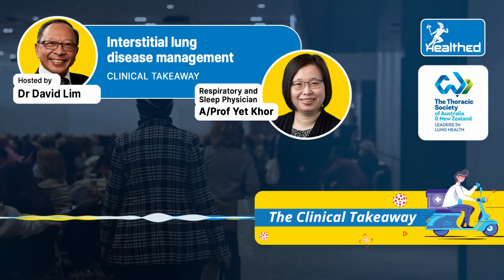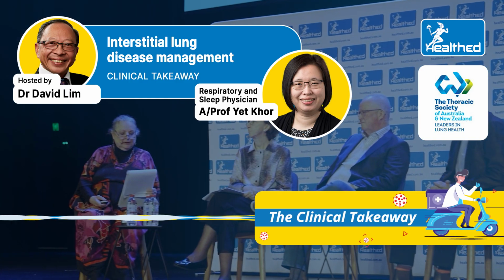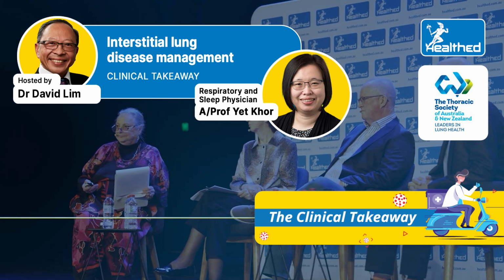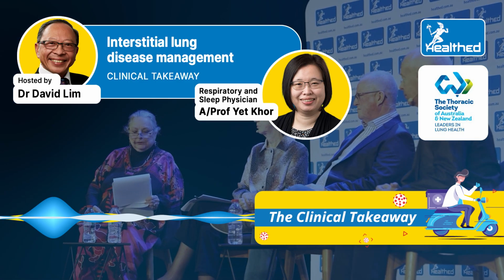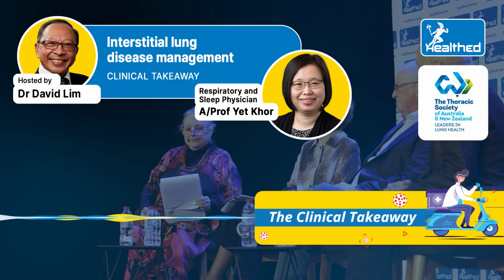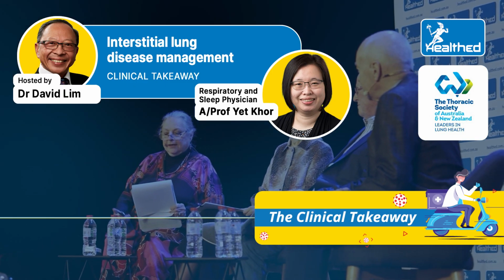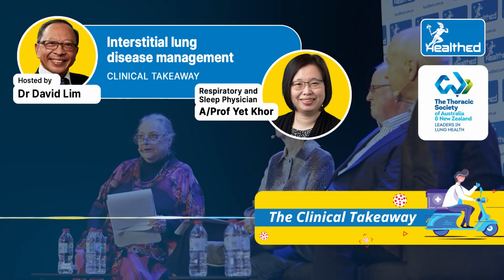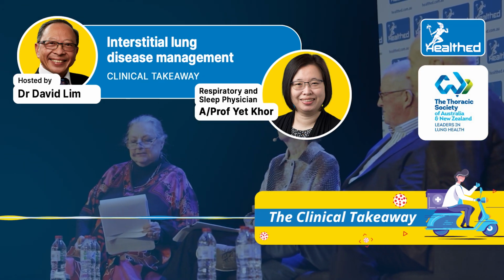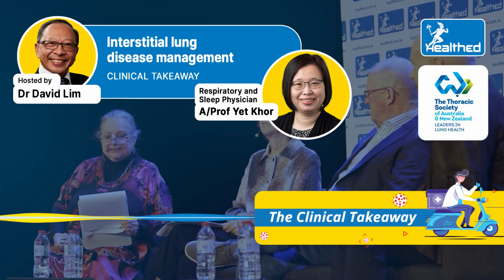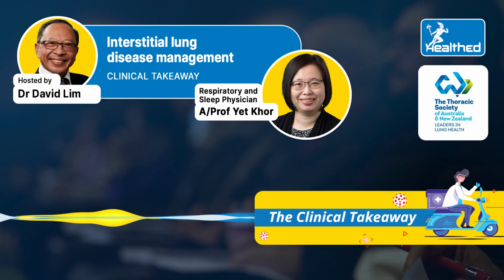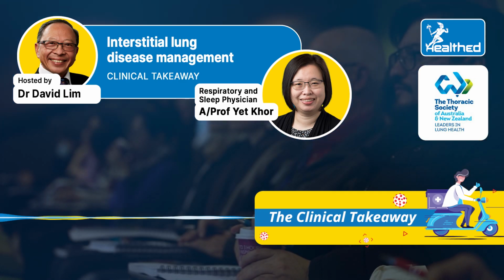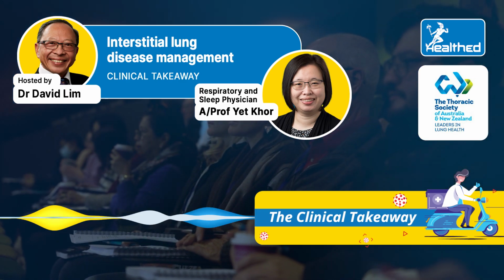Now, because it is such a big term and an umbrella condition, what are some of the more common ones that we as GPs will probably see? Okay, I think a good starting point is to think about how we can categorize it. Then it might be easier to manage in that way. So typically, we broadly categorize into interstitial lung disease that's secondary to an underlying cause.